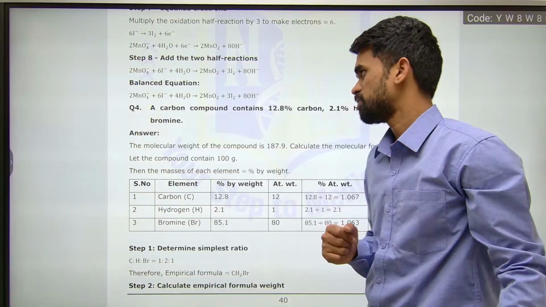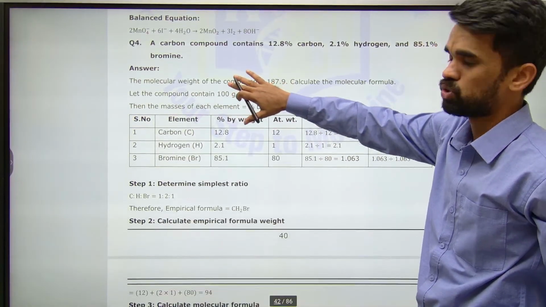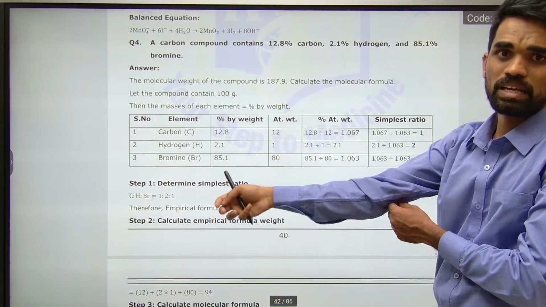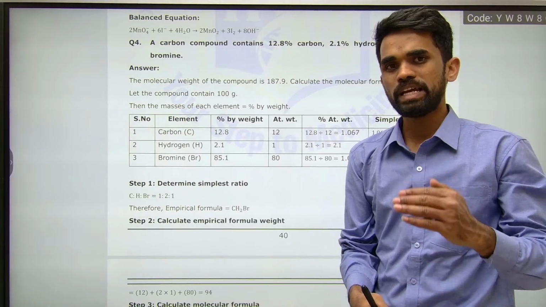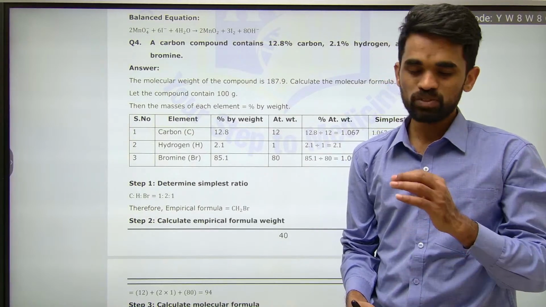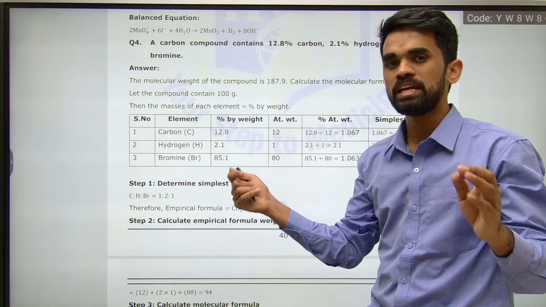Right. Next one here, this is also a most frequently asked question. They will give the percentage of atoms and ask us to find the empirical formula and molecular formula. It's very easy and equally important for your NEET, JEE and EAP set exams.